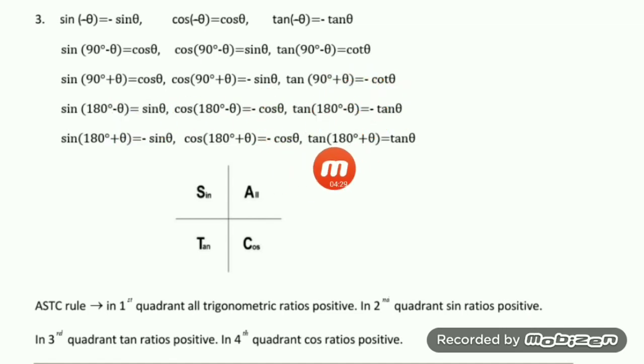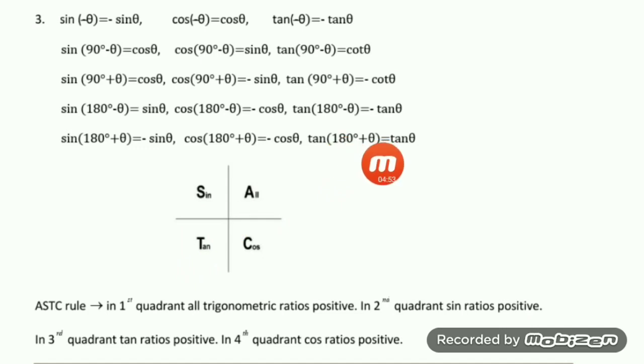Let me explain one more. There are more results, but I have given some of them. Tan of 180 degree plus theta. 180 plus theta can be written as 2 into 90 plus theta. Plus theta means you have to go to the third quadrant. In the third quadrant tan is positive, so you give a positive sign.